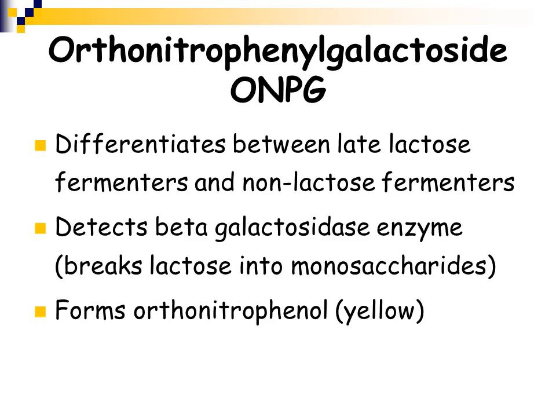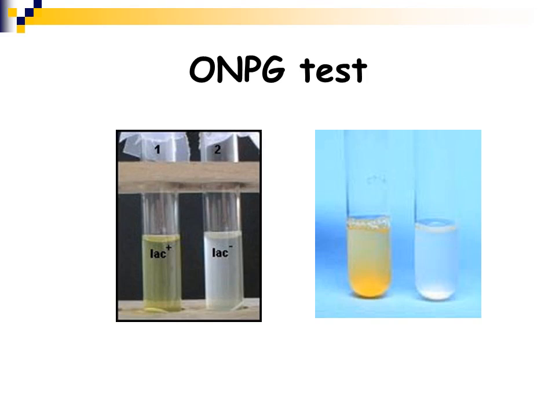Beta-galactosidase will break down lactose into monosaccharides, and it forms orthonitrophenol, which produces a yellow color. So here's an ONPG test. Again, this is a tube test. The broth will be clear in a non-lactose fermenter. It will be yellow in a lactose fermenter.